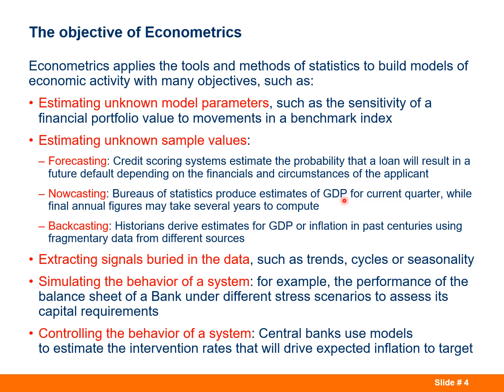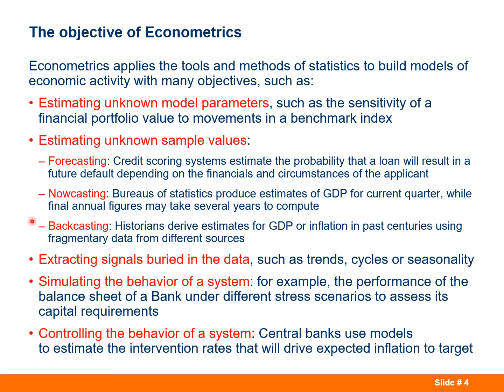Okay, what happens is that the quarterly value of GDP is an estimate obtained by econometric methods for a value which is happening now but is not known. So you are nowcasting, forecasting the current value of quarterly GDP.